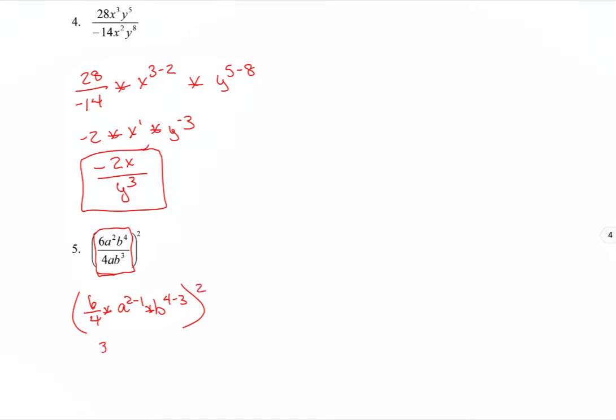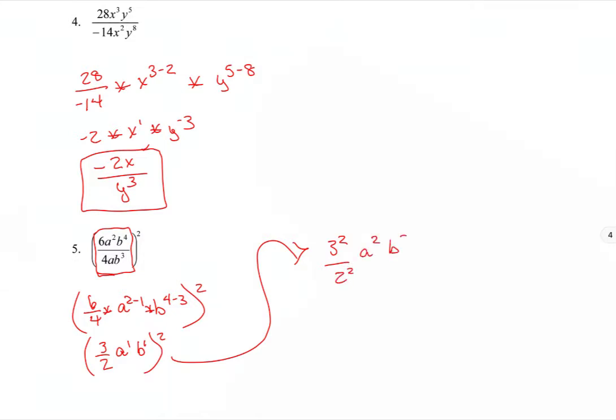So this is 3 halves, a to the first, b to the first. All of that squared. Now I'm going to square each part. So that's 3 squared over 2 squared, a squared, b squared. So that's 9a squared b squared over 4. And that is my final answer.